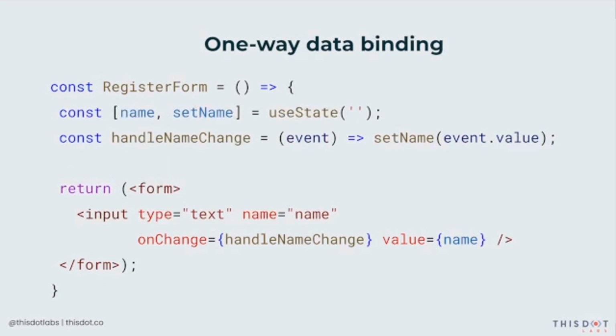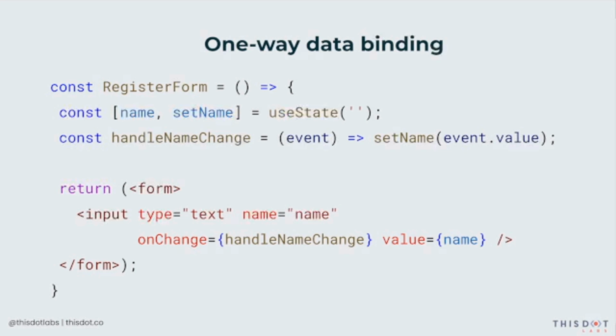There's a defining feature of React which is called one-way data binding, which means that values passed to the DOM, to HTML, are rendered, but they're not interactive. They're not passed back to React by default.